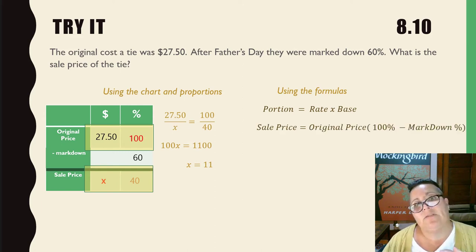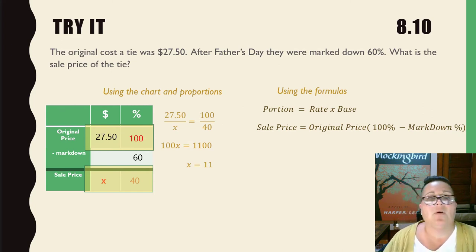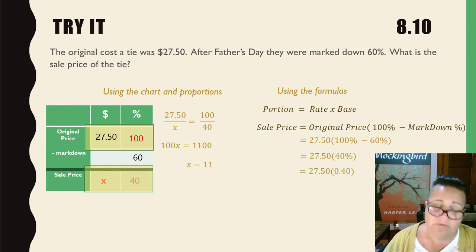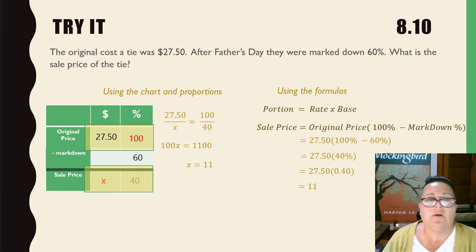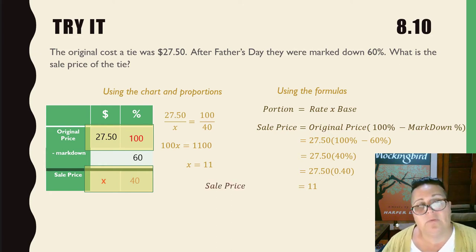And the sale price formula is that it has to equal the original price times the complement of the markdown, or 27.50 times 100% minus 60%, or 40% of 27.50. 27.50 times 0.4, 40% as a decimal, is going to be 0.4, which is $11 again. This lets me know that the sale price is absolutely $11 for that tie.